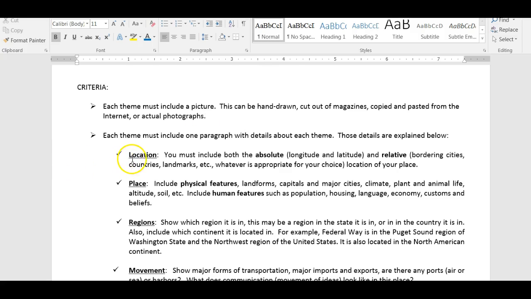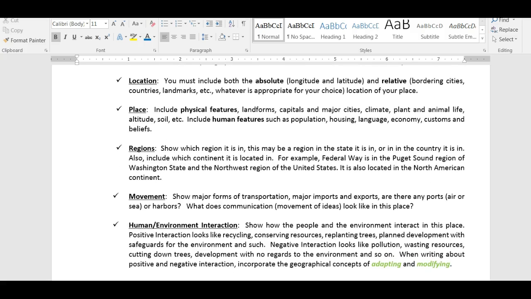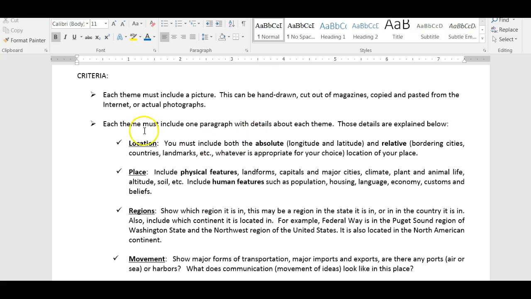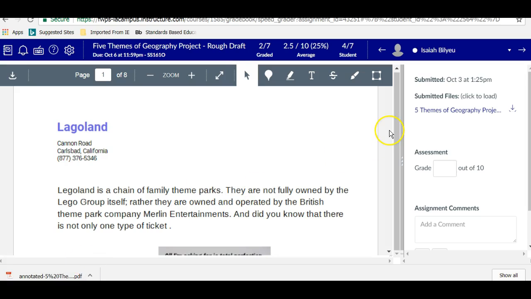So remember that location, place, regions, movement, and human environment interaction are your 5 themes, okay? And then each one of these should have a photograph or a graphic that represents those themes, okay? So I'm going to switch over to yours, and this is the first page of yours.